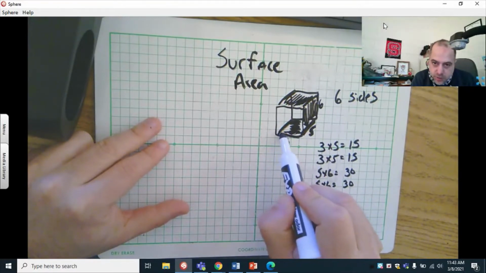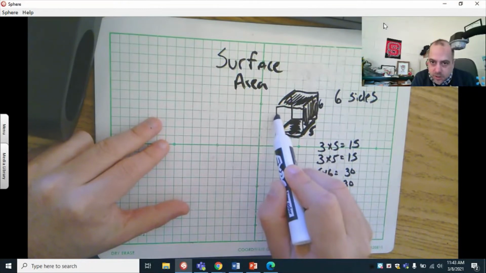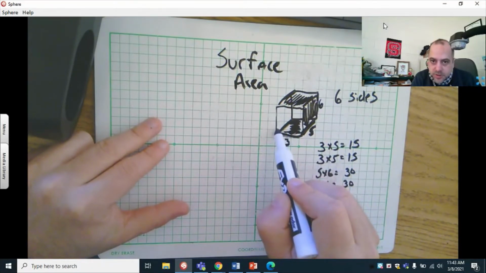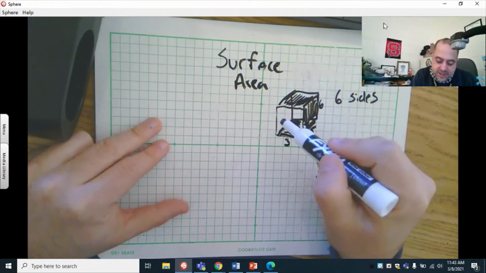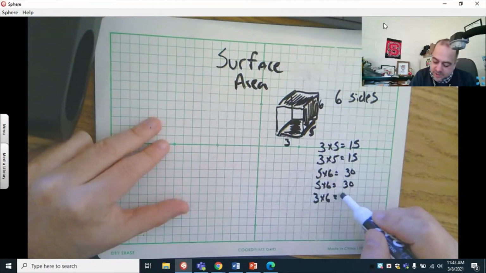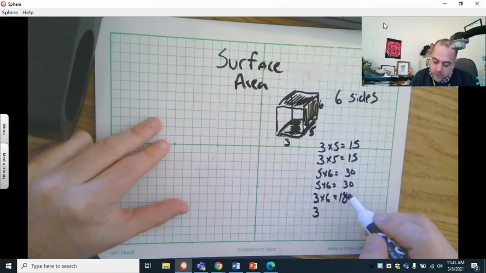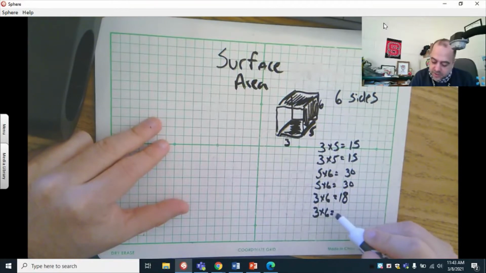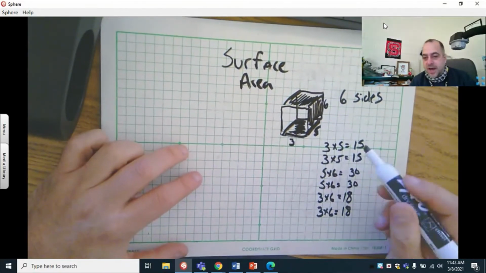It's 3 wide, and how tall is it? Well, this line is the same as this line over here, so it's 6. 3 times 6 is 18. Of course, he has a friend there in the back, so there's another 3 times 6, which is 18. And these are all the sides.